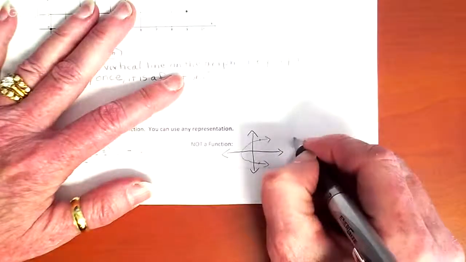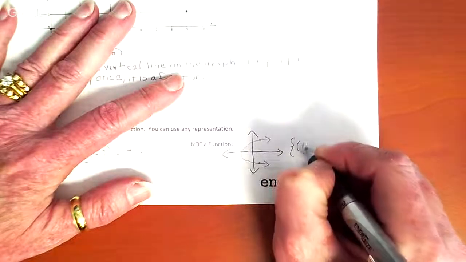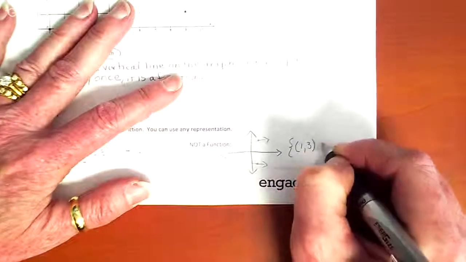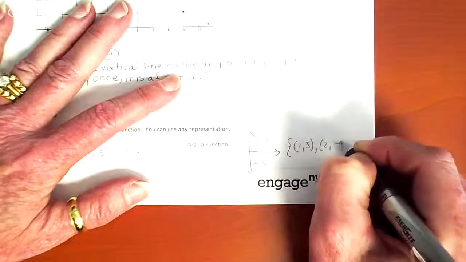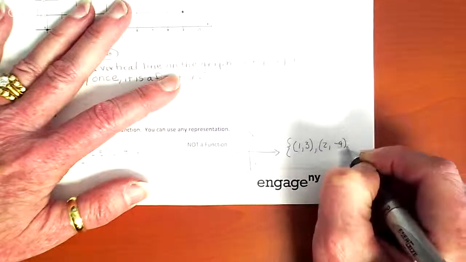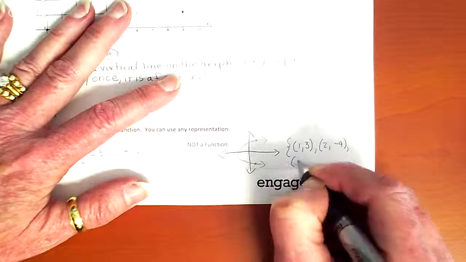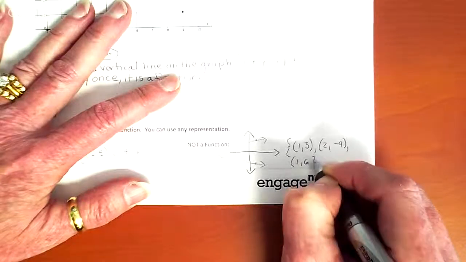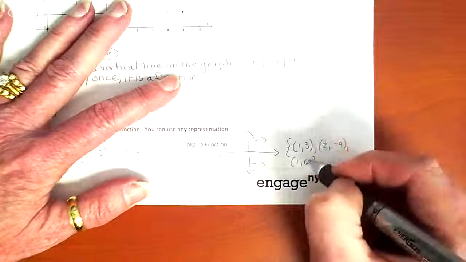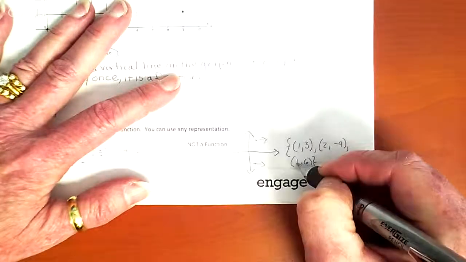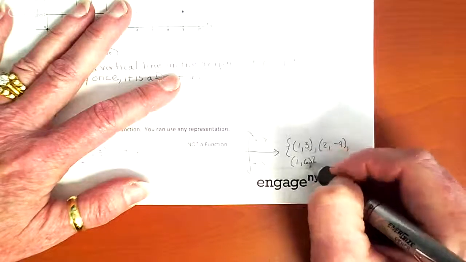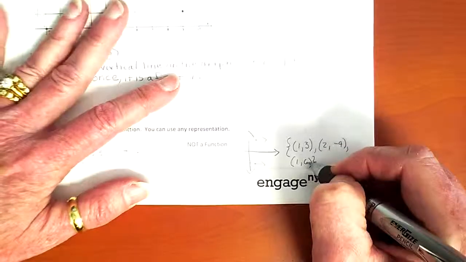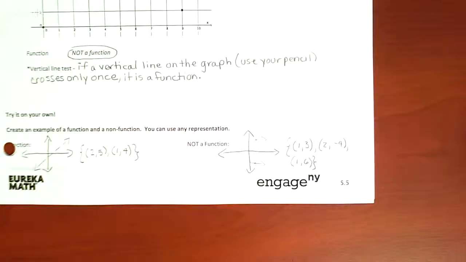If I were to use a set, one input value would have two output values, therefore not a function. And that ends today's lesson.